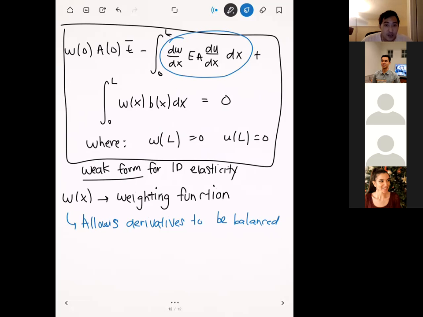Once we actually work with this in the finite element form, this is going to create element stiffness matrices that are symmetric. It also allows us to use much simpler functions to plug in here. In a couple of weeks, you'll find out why ANSYS gives you a setting to use either linear functions or quadratic functions.